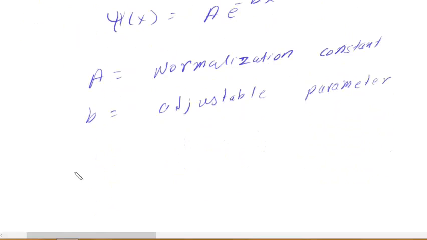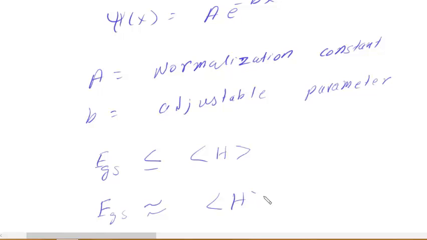If we take the minimum of the variational principle, the variational principle is this: the ground state energy is less than or equal to the expectation of H for any normalized arbitrary state. But if we take the minimum of this Hamiltonian, then this is approximately equal to the ground state energy.